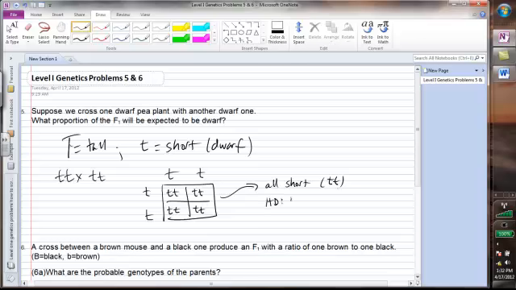Homozygous dominant relative to heterozygous relative to homozygous recessive. When you have a homozygous recessive crossed with a homozygous recessive, the resulting proportions are 0 to 0 to 4. Phenotypically, dominant to recessive, that's 0 to 4.